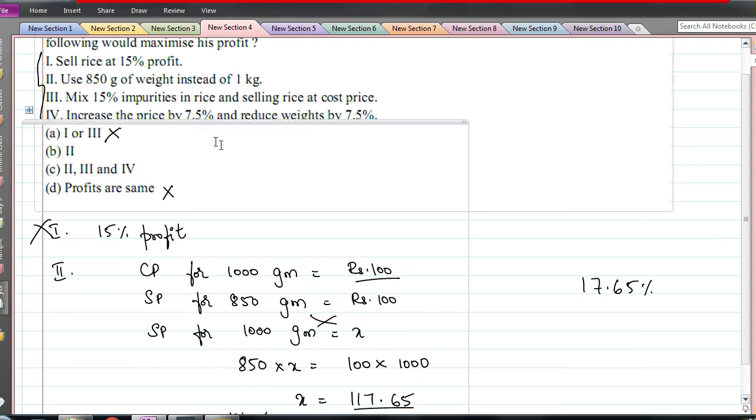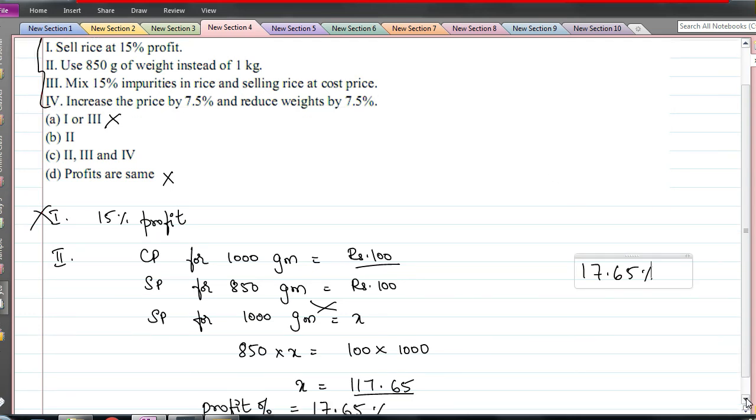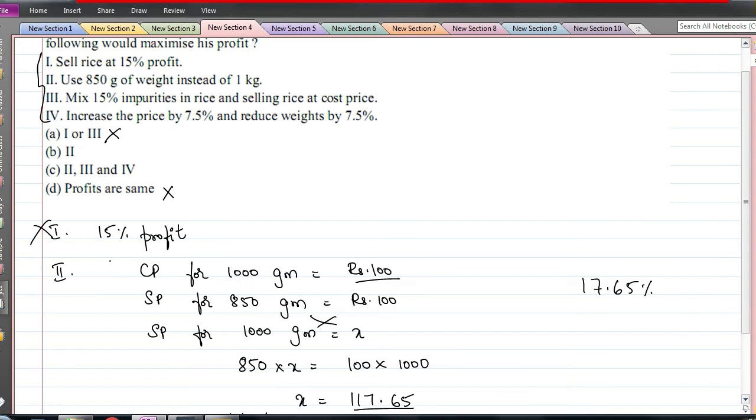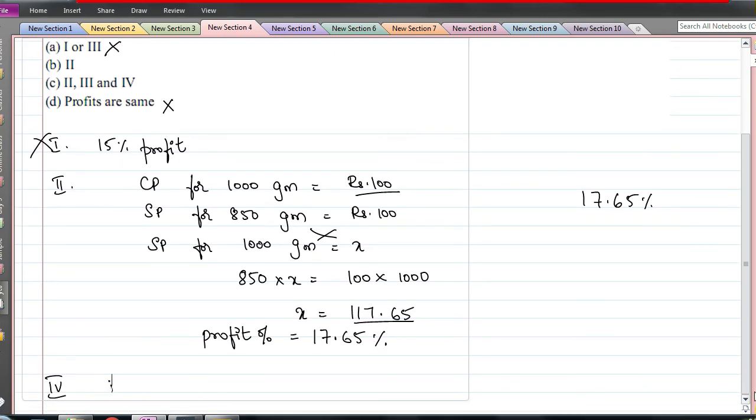Mix 15% impurities in rice and selling rice at cost price, and increase the price by 7.5% and reduce weights by 7.5%. So let us see that, example 4, point number 4. Increase price by 7.5%, reduce weight by 7.5%.